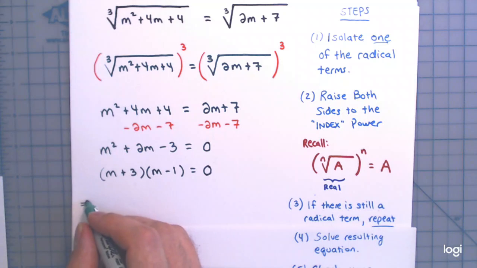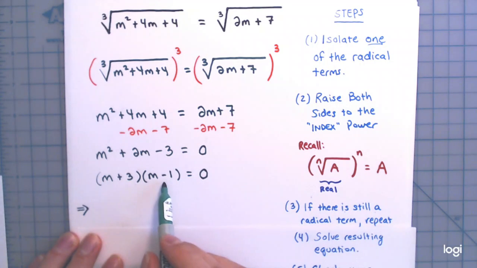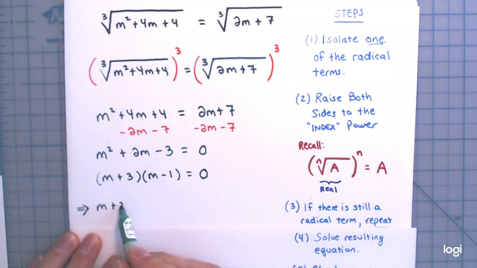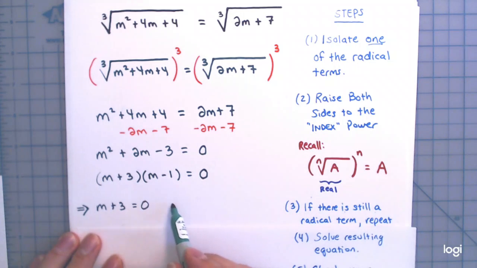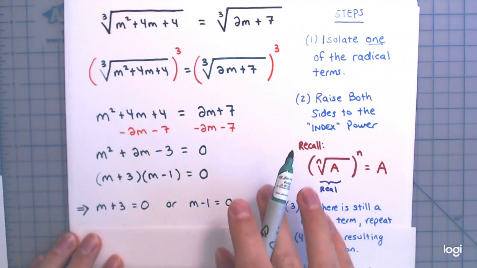So by that zero product property, the only way a product of some numbers is going to be equal to 0 is if one of these factors is 0. So either m plus 3 is 0, or the other factor, m minus 1, could be 0, and that would be a true statement.